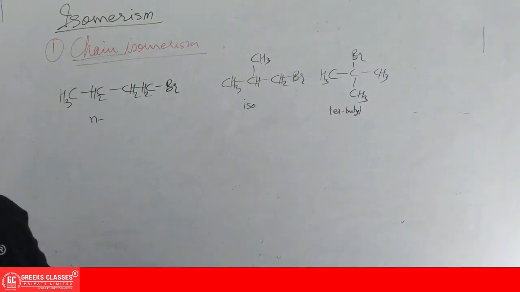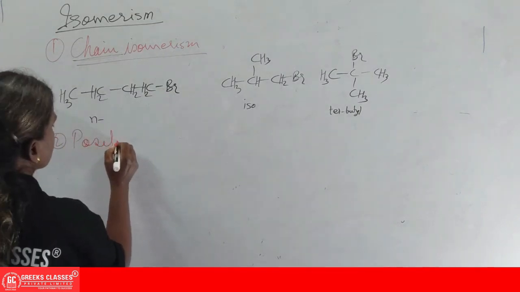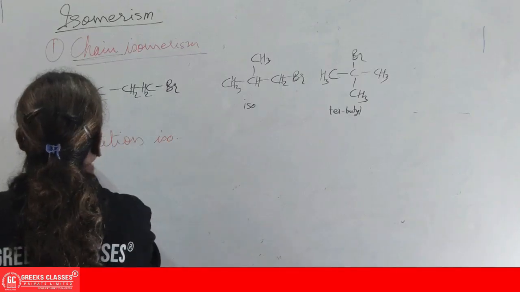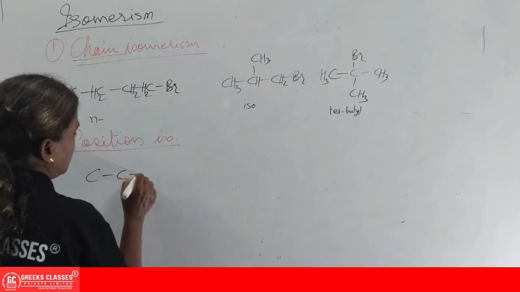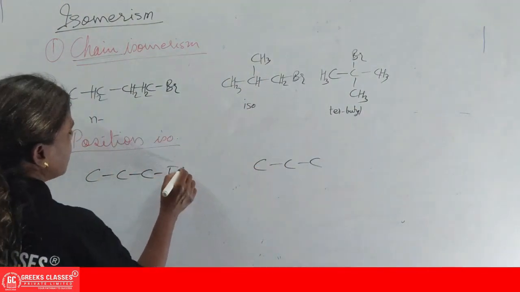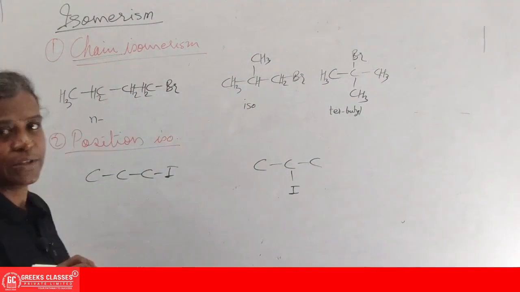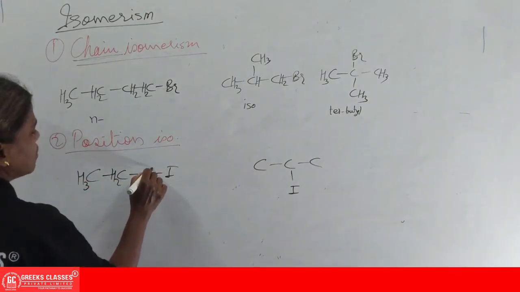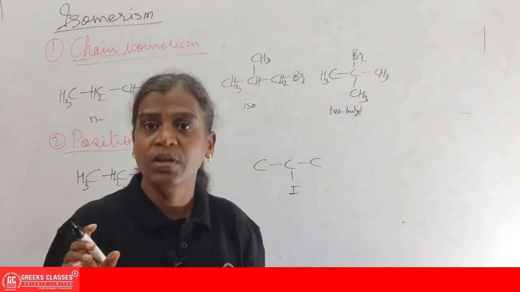Now coming to position isomerism. In the case of position isomers, the carbon length will be the same. But here the end carbon is having iodine, whereas here the middle carbon is having iodine. So the substituent, the functional group position is varying.